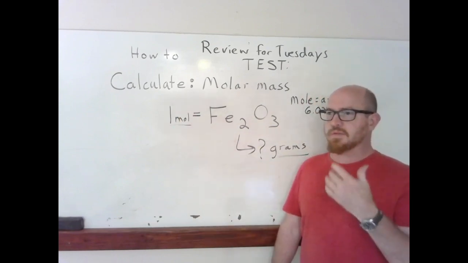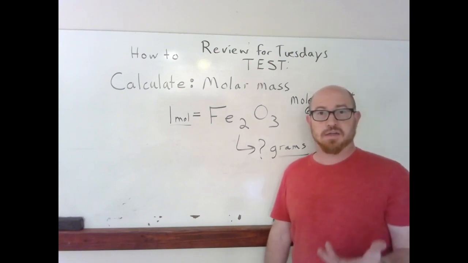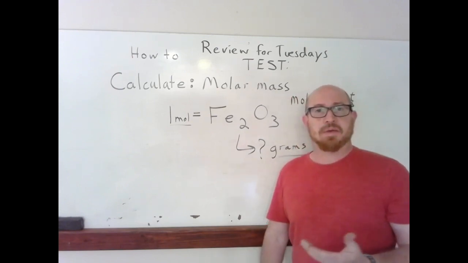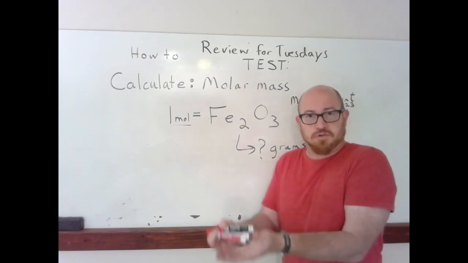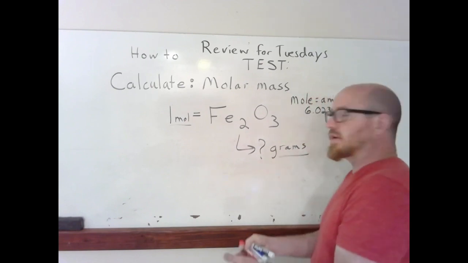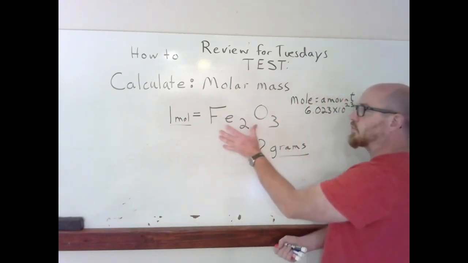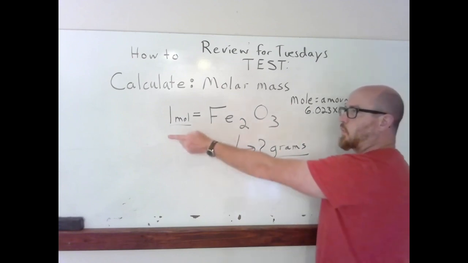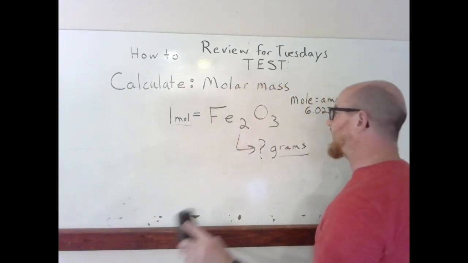So if you look at those dozen eggs, the best way to understand how many eggs you have is to count them, but to better understand how much you have of it is to measure it as far as grams. How much does it weigh? And so then you can start to compare it to other types of eggs. So if we're looking at rust, in this case, I want to know how many grams 1 mole of it weighs. So let's get started in making that calculation.